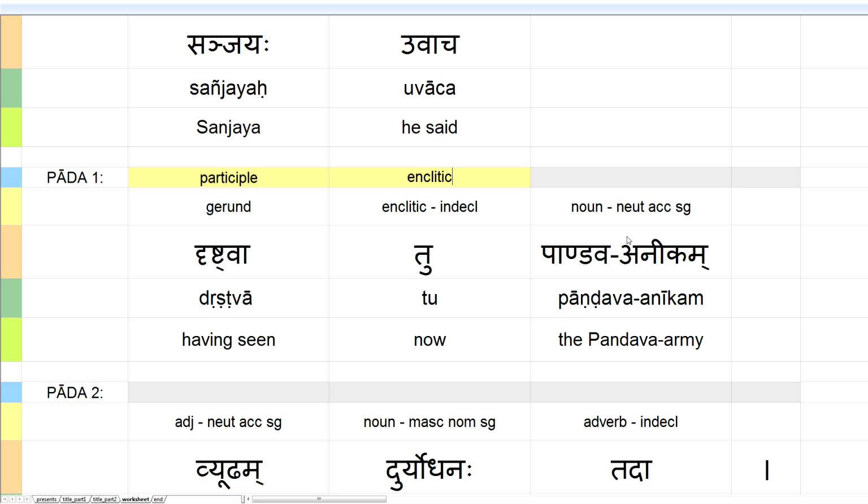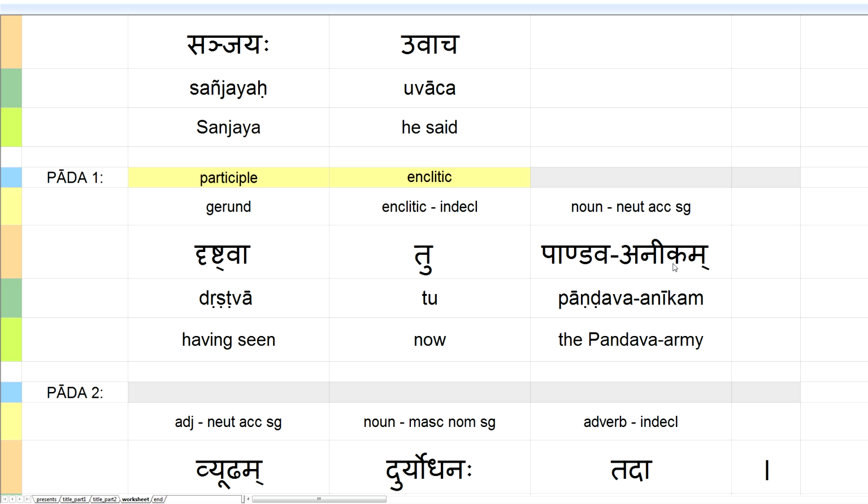So it's that word which is neuter accusative singular. This one is in its stem form. Anyway, so this is accusative. That's the whole point here. It's accusative, and so it's an object.